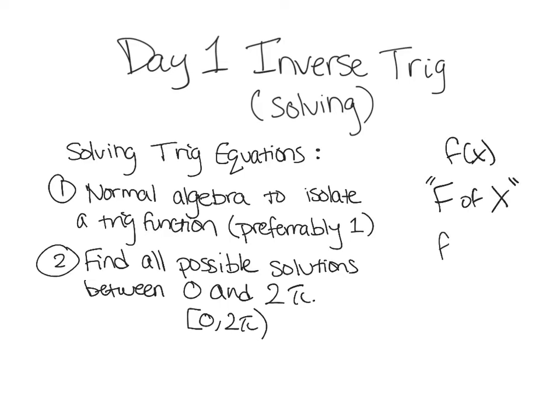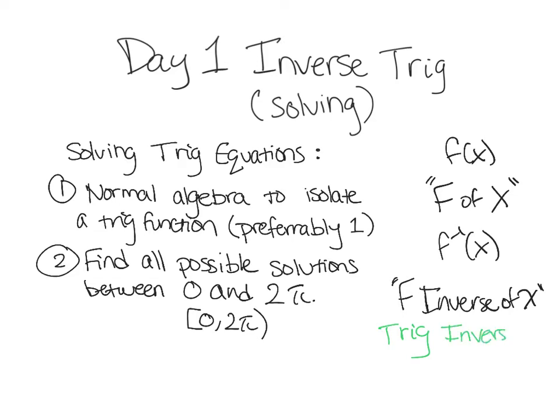If you see this notation with the -1, that is f inverse of x. I'm going to change colors here. Actually, let's do green. Ooh, that is bright. Okay. Trig inverses also have that little -1 there.